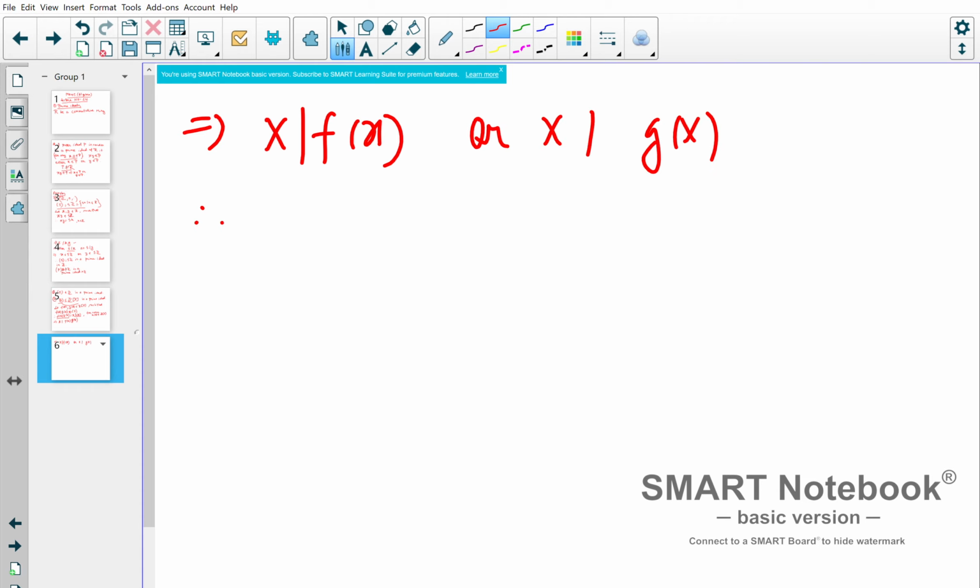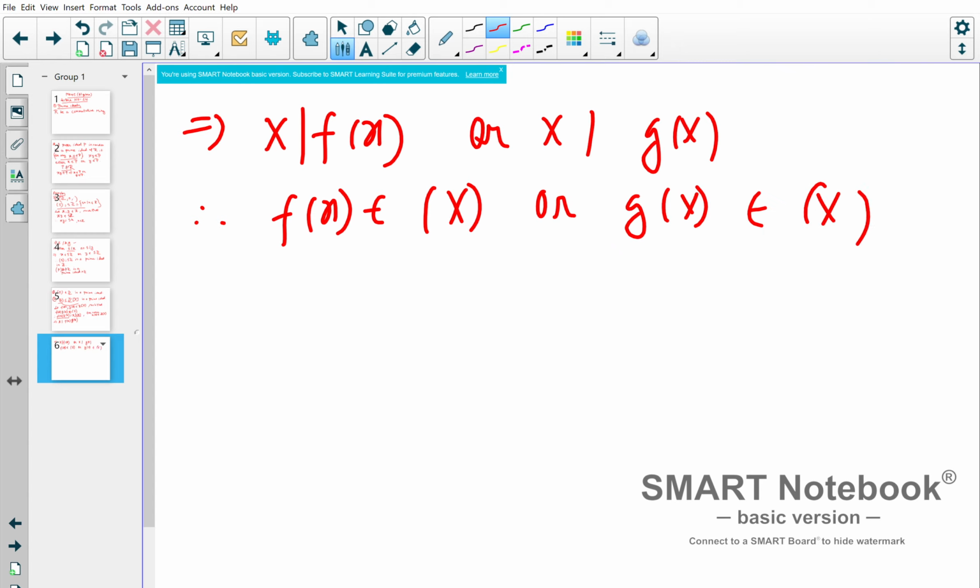Okay, so either f(x) belongs to this ideal, or g(x) belongs to this ideal, right? So this ideal generated by x is a prime ideal, right?